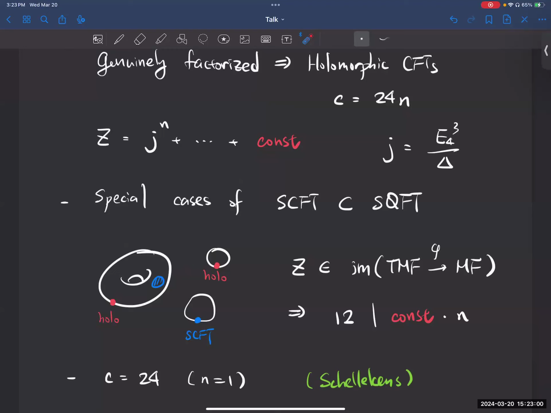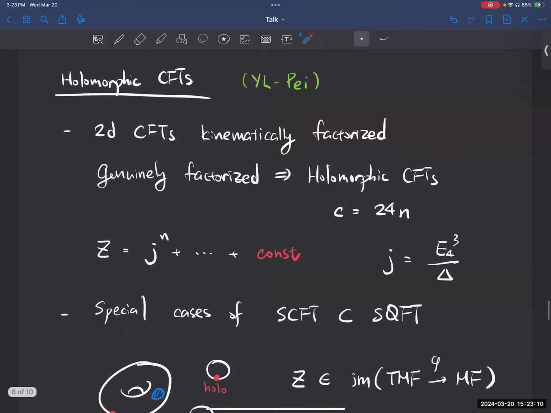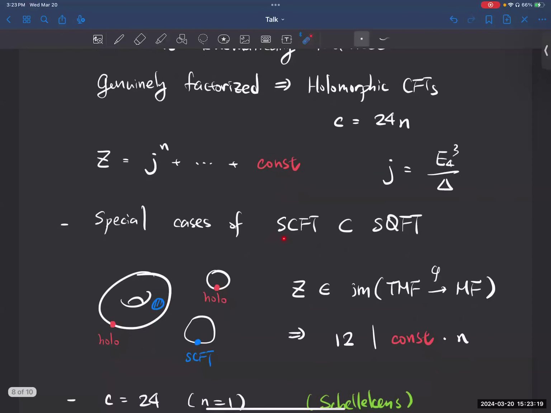Now let's try to apply this TMF conjecture. I've been talking about SQFTs, and supersymmetry is important in that conjecture. But the holomorphic CFT is first of all a special case of SCFT, which is a further special case of SQFT.